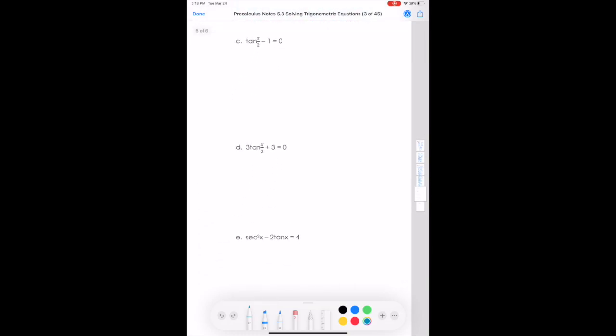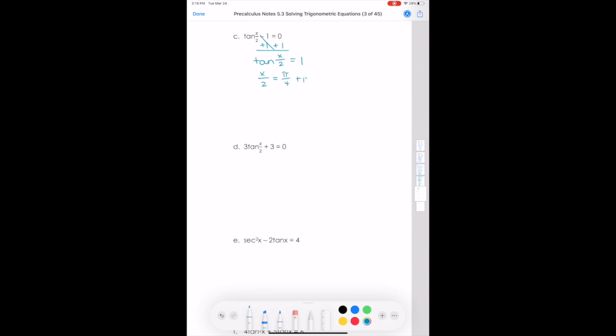Alrighty, letter C. Add 1 to both sides. So tangent of x over 2 equals 1. So tangent is 1 when x over 2 equals pi over 4 plus pi n.